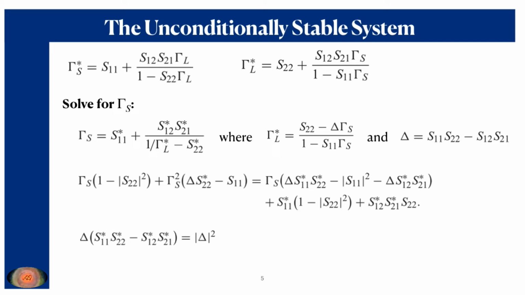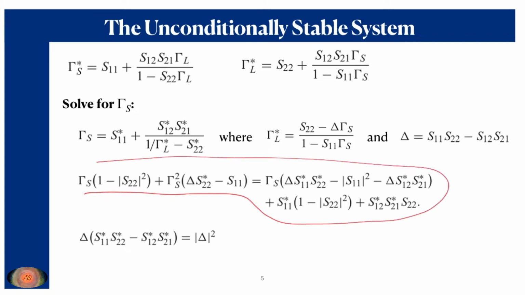Now just replace this expression of the conjugate of gamma L into this expression of the gamma S, and after a little rearrangement you can write the entire expression as shown over here, like this one.